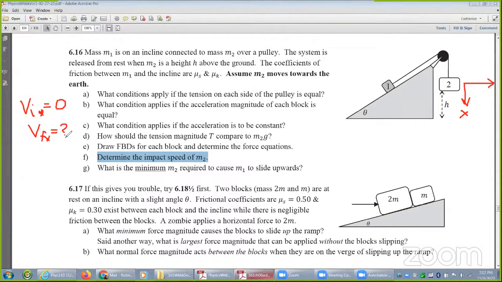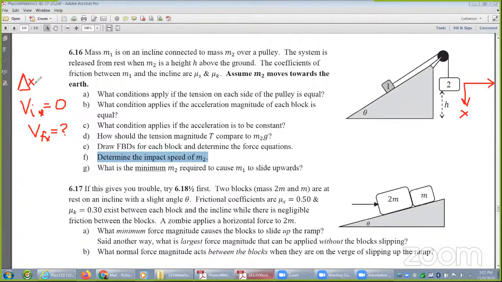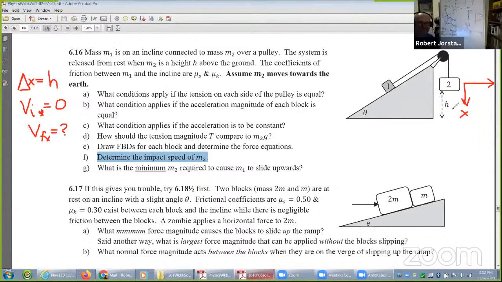Unknown. What's delta x? H. Isn't it negative? No, because of the coordinate system. Because it goes down h. We also call down positive. I was trying to mess with you, but I can't mess with you too bad. You know it too well. All right, so delta x is positive h because down is positive.